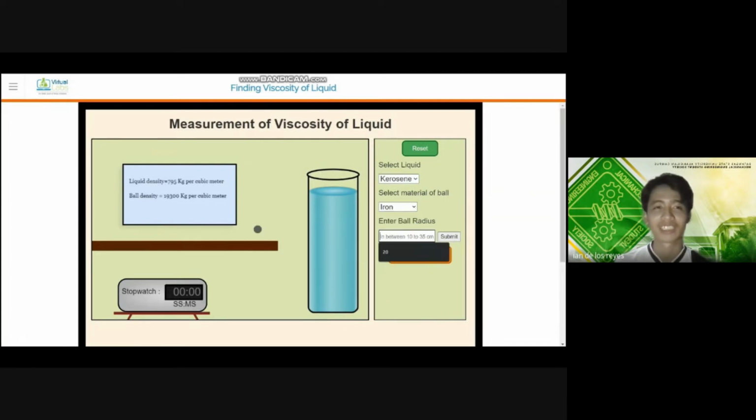Using the same liquid, which is kerosene, and iron as the material of the ball, and the same radius of 20 centimeters, here are the gathered data on the experiment.